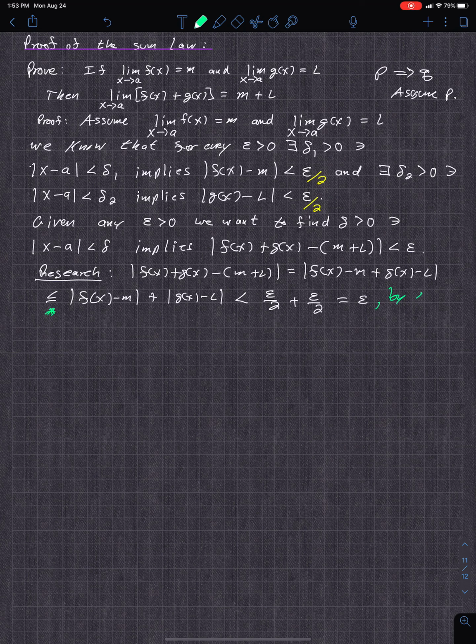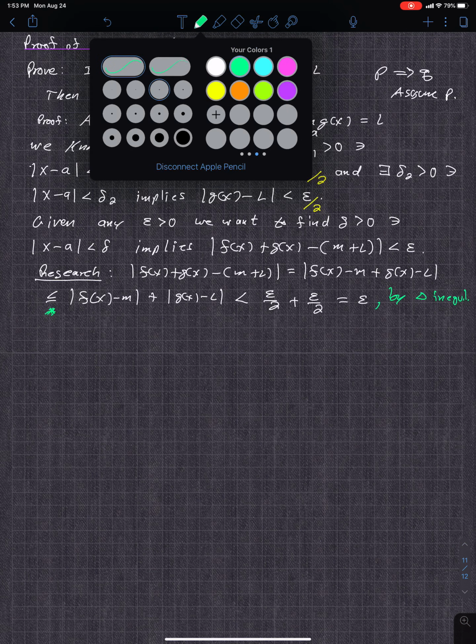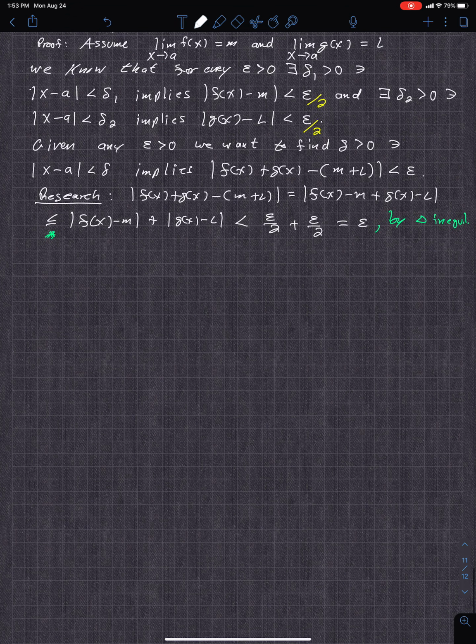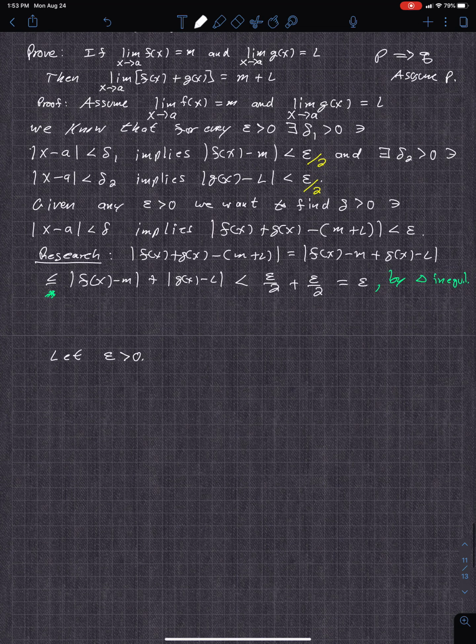So to finish this proof then, we're just going to let epsilon be greater than 0. Okay, so that was all research right here.